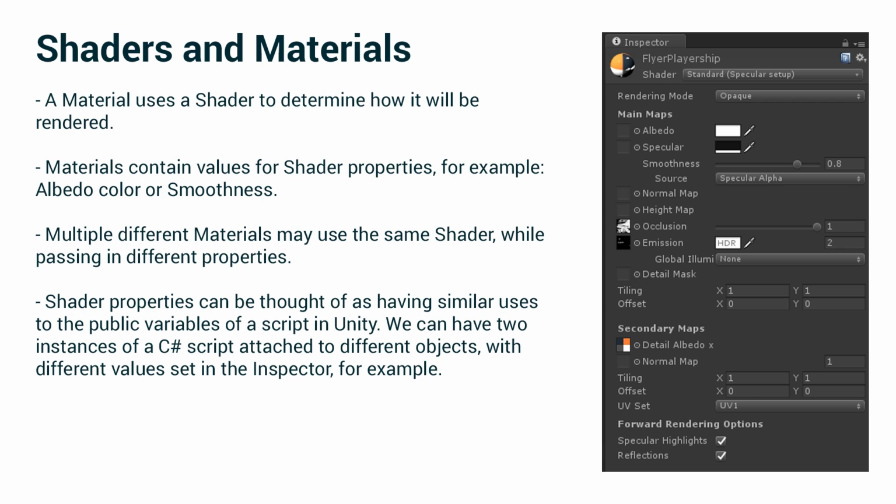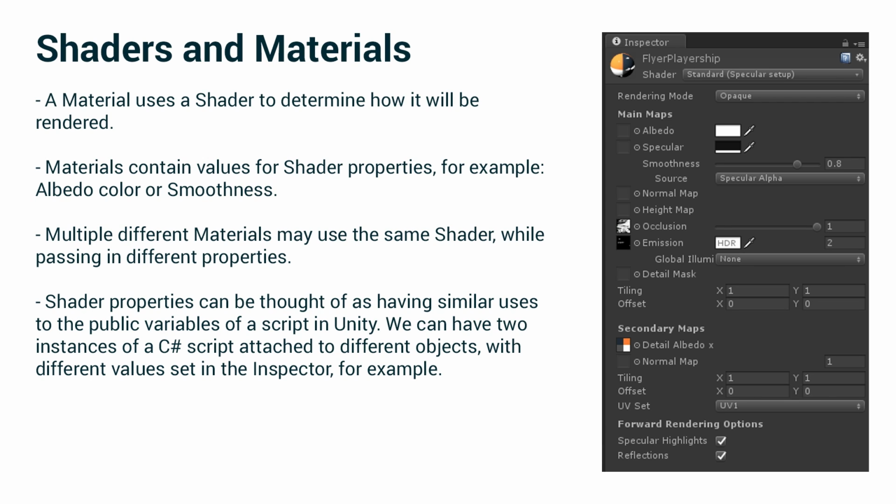One way to think about this, and this is an analogy, not literally true, is that shader properties can be thought of as having a similar use to the public variables of a script in Unity. We can have two instances of a C# script attached to different objects with different values set in the inspector, as an example, right?